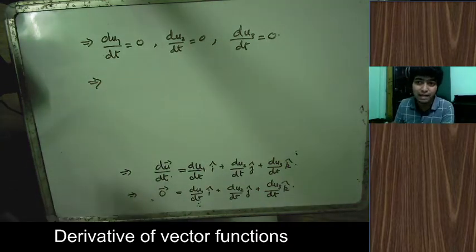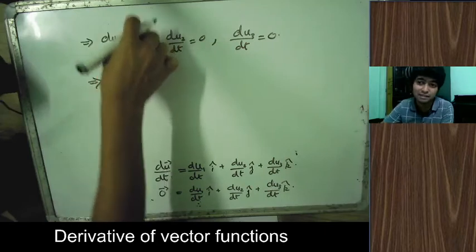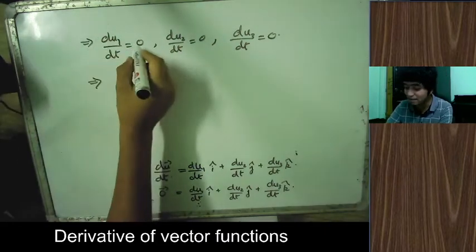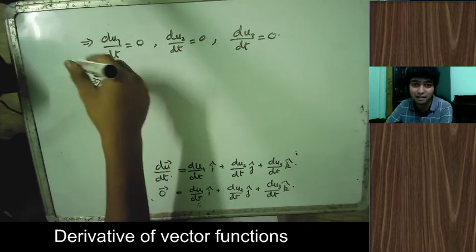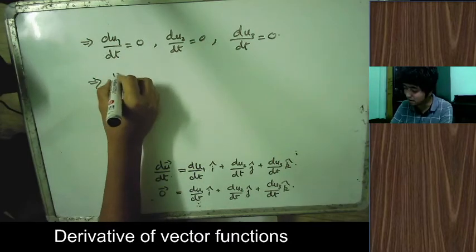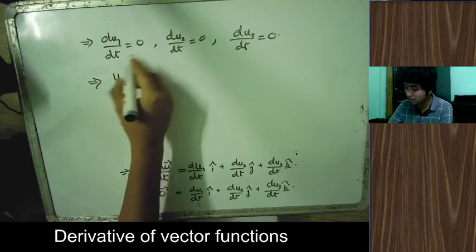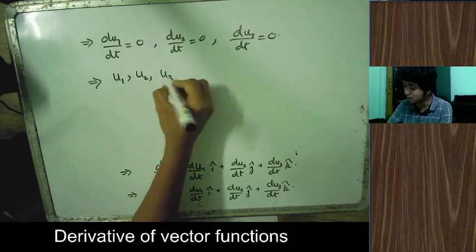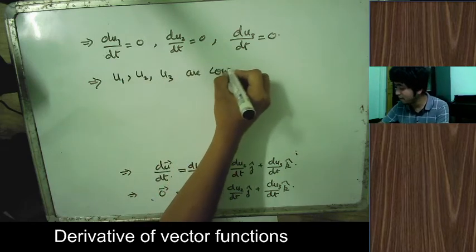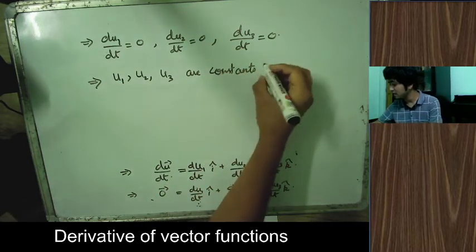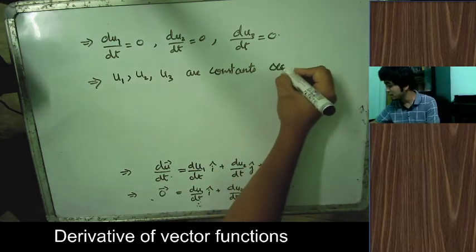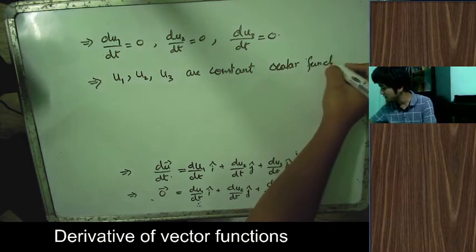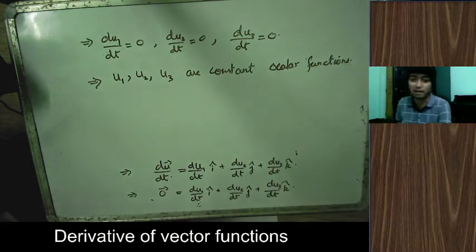Because now they are scalar functions, and you have learned that if they are scalar functions, whenever the derivative is 0, then that function should be constant. So u1 is constant, similarly u2 and u3 are constants, constant scalar functions.